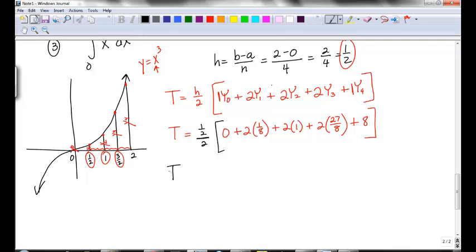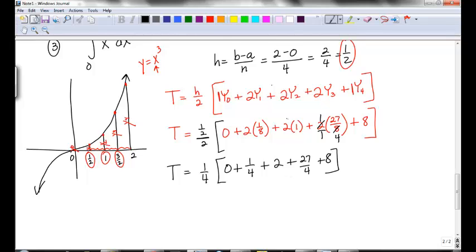So 1/2 divided by 2 would be 1/4. This would be 0. 2/8 would be 1/4. 2 times 1 is just 2. I could reduce, this is like 2 over 1. I could reduce that. 27/4 plus 8.